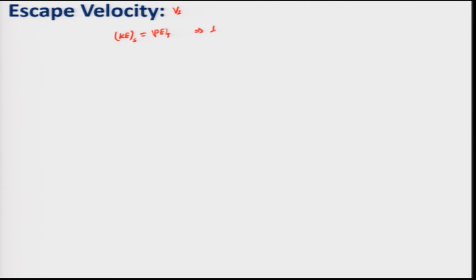So, half m V s square is equal to the potential energy due to gravitational pull, that is G capital M, the mass of the planet, into m by r square d r, integrated from r to infinity, because it has to go out of the planet's gravitational pull.